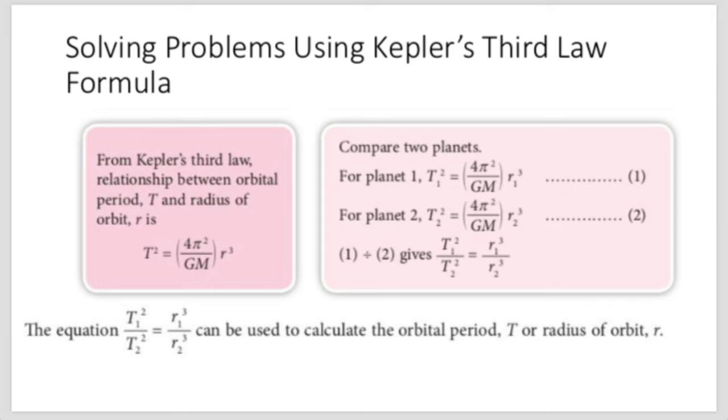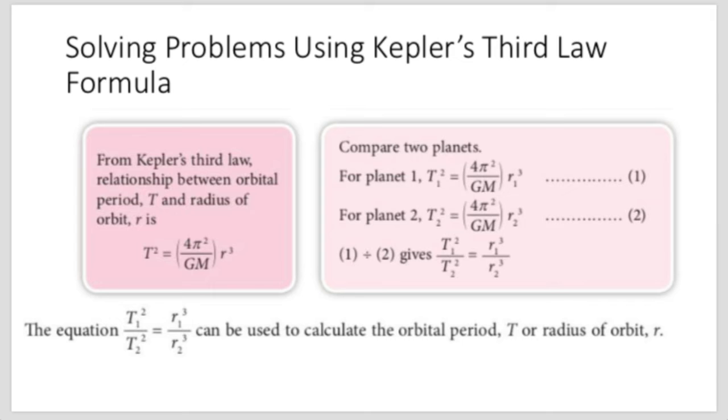So when we compare two planets, we can actually use this formula to compare two planets. So T1 square over T2 square equals R1 cube over R2 cube. So these are the two formulas that you're going to use the most in the calculations.